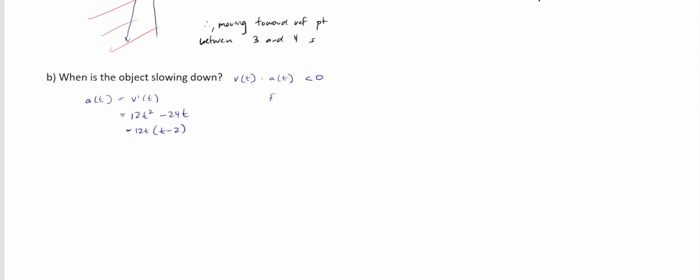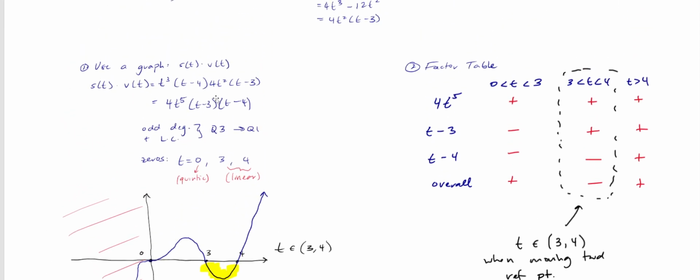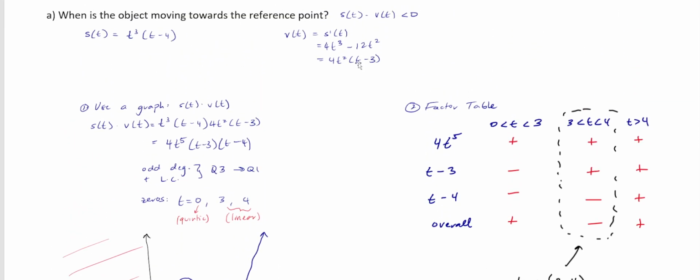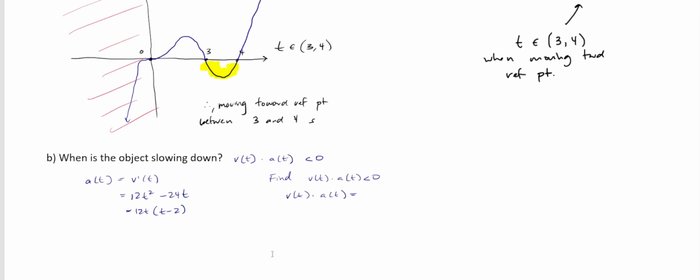Okay, and so what I need to do is find when the velocity function times the acceleration function is a negative number. I'm going to take my velocity function, multiply it by the acceleration function, and use their factored forms. So the velocity function in its factored form is this right here. I'm going to put it down here and multiply that by the acceleration function, which is this function right here.